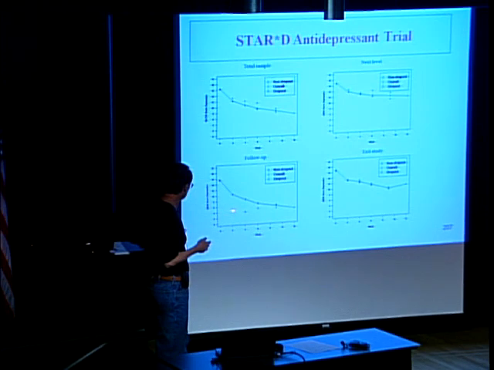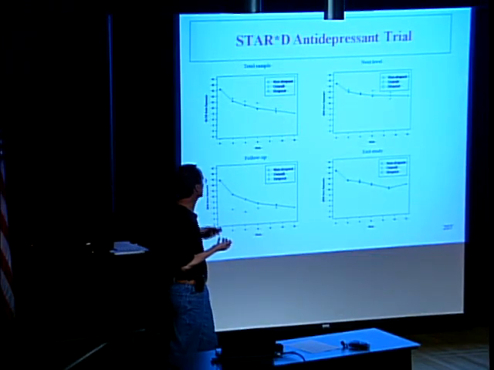They drop out at the next point because they have very low values. They're removed if they go below 5. That's remitted. So they leave the study if they're below 5. Whereas here they leave if it doesn't work and their depression is still high.